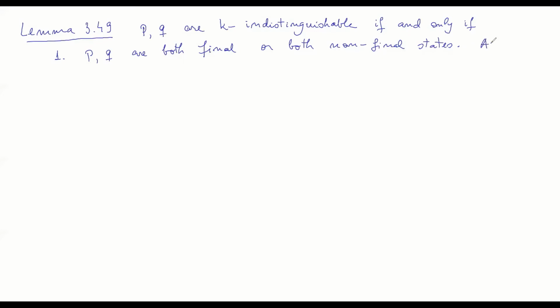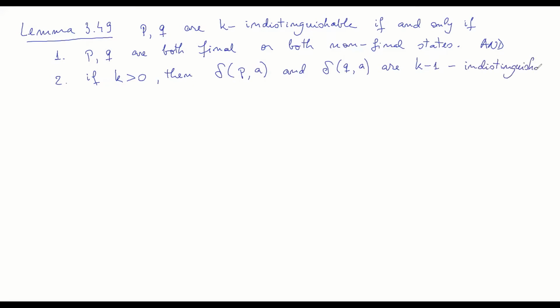And you have a second condition, which says if K happens to be greater than 0, then delta of P and A, and delta of Q and A, so this state and this state, are K minus 1 indistinguishable for all A from sigma.